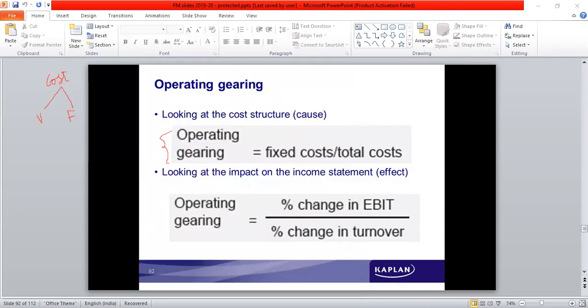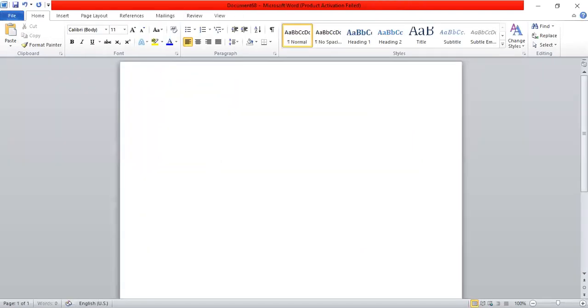I'm not able to find that. Nevertheless, I will write the income statement once again fresh. We have sales minus cost of goods sold. Then this is gross profit.